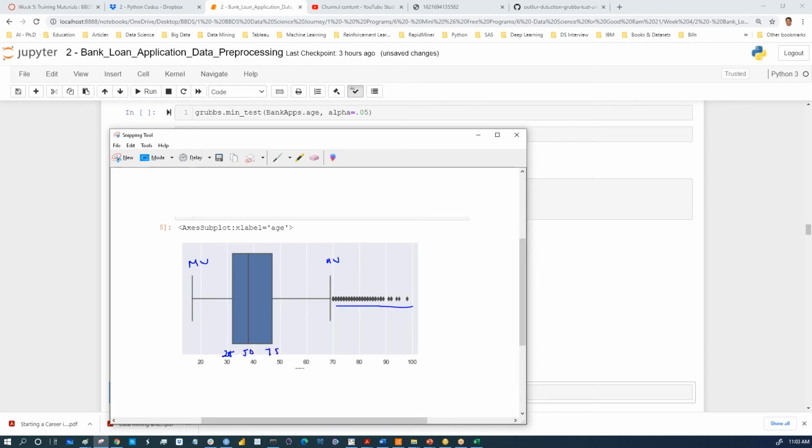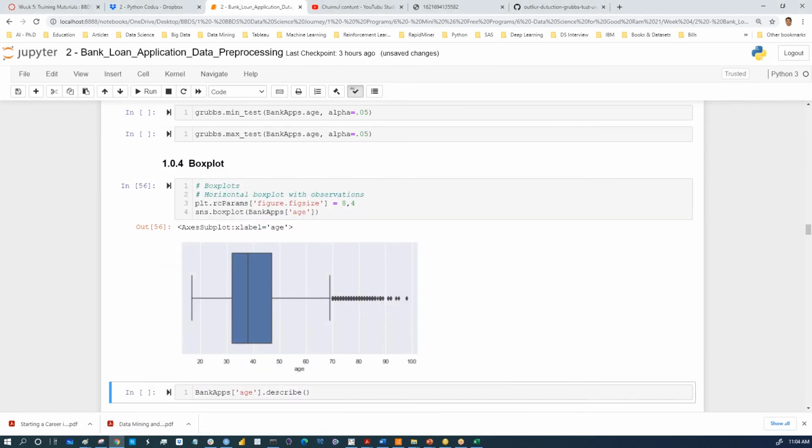Anything that lives outside the minimum whisker or the maximum whisker is an outlier. So we got a lot of outliers in the age only, and you could do that for other variables, one at a time.